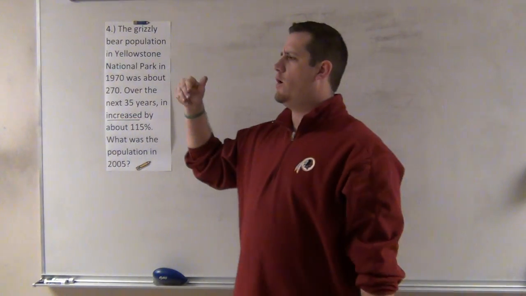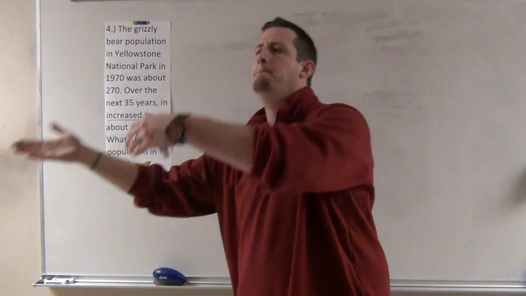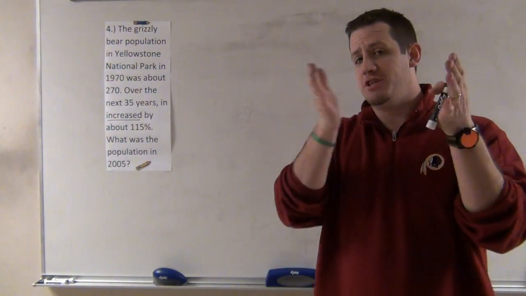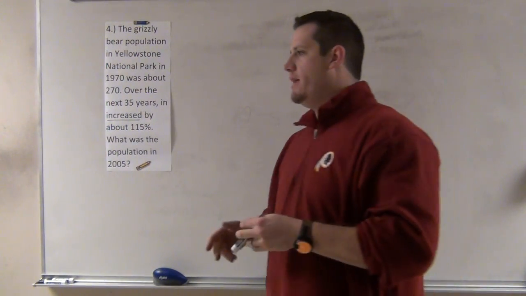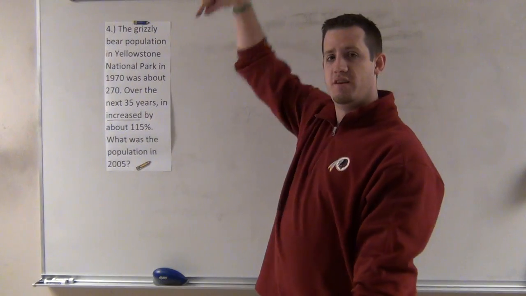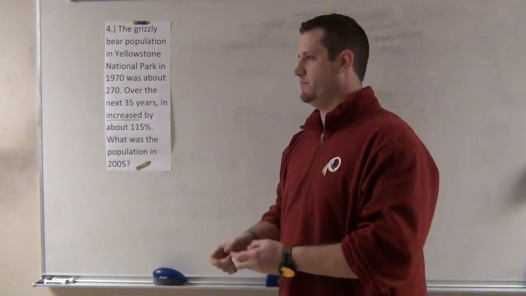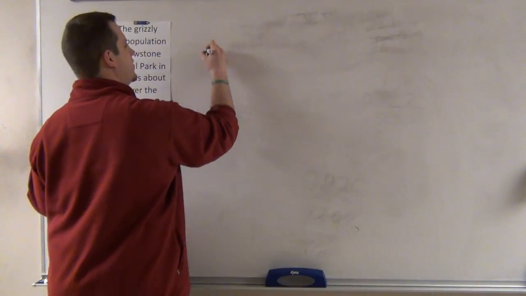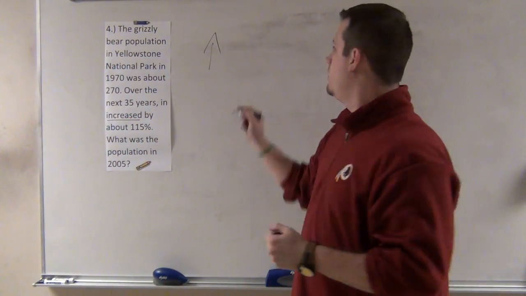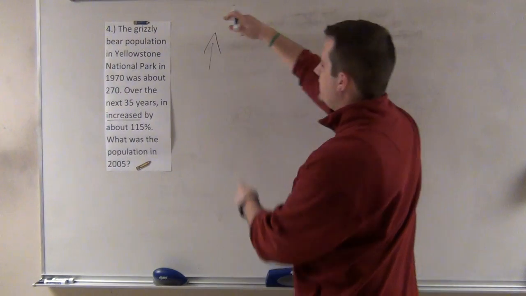So if you want to find how something has changed by a percentage, what you first have to determine is, is it an increase or a decrease? Now we're told in this question, it's an increase. So I'm going to put a little up arrow here, representing that I know this is an increase.